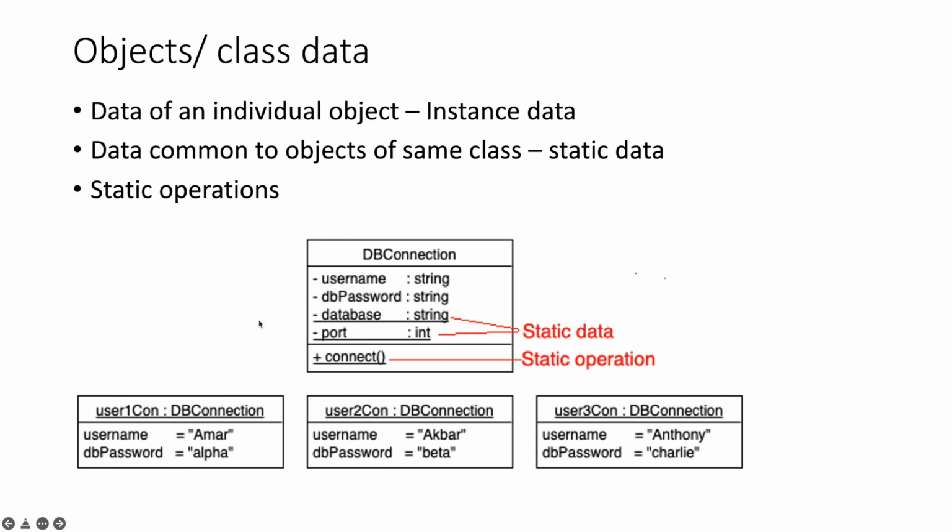Even though we are not going to go into depth of this rule at this moment, any static operation can access only static data. This operation cannot access values of these two attributes because they differ for every object. So in conclusion, connect is called a static operation. Static operation can be called only on the class name. It does not require any object.